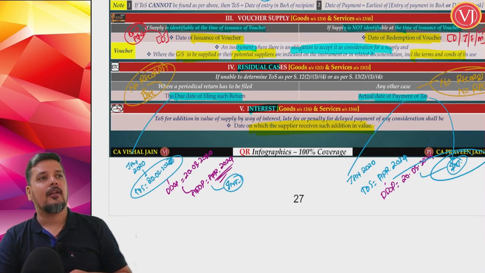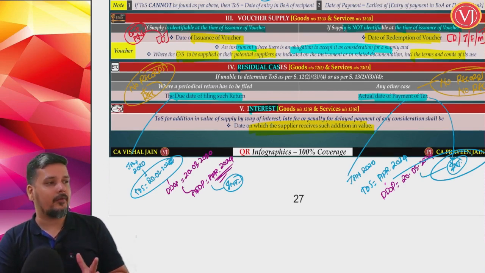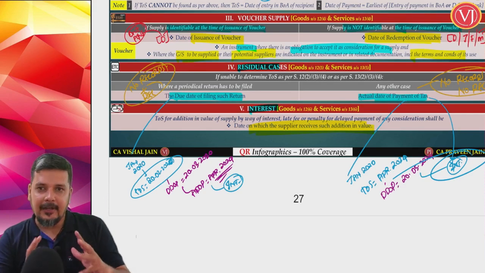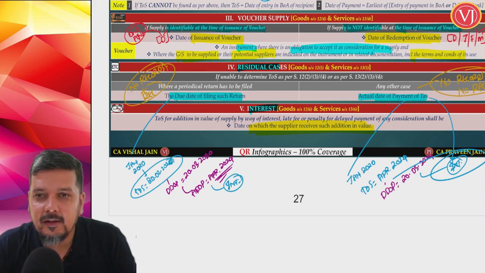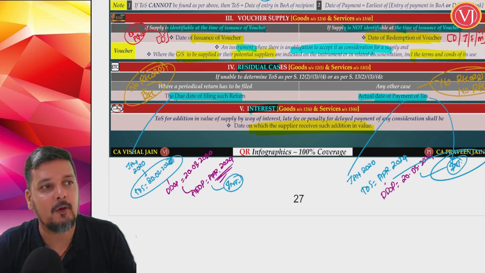If you recall, if the interest demanded is 15,000 for late payment, and if the recipient gives only 10,000, will you pay GST on 15,000 or 10,000?